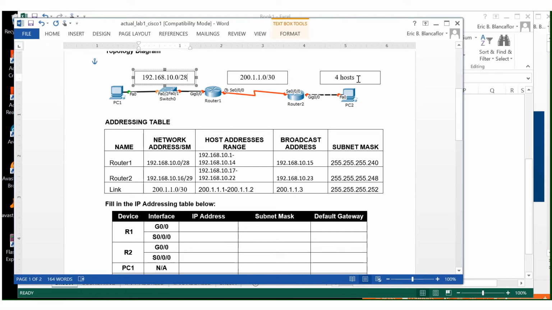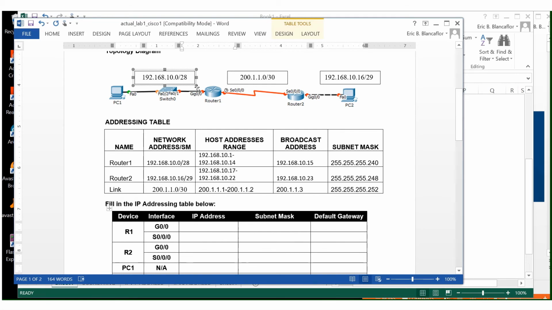And then on the side here, our address is 192.168.10.16/29. Okay, that's how it is. So now we assign R1, now router 1, G0. Okay. So IP address router 1.